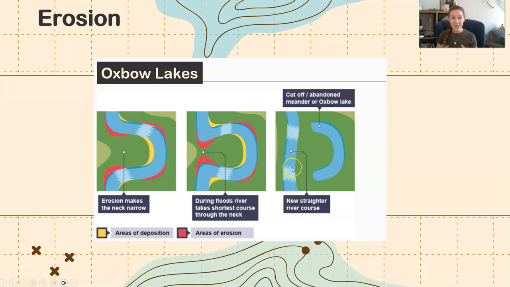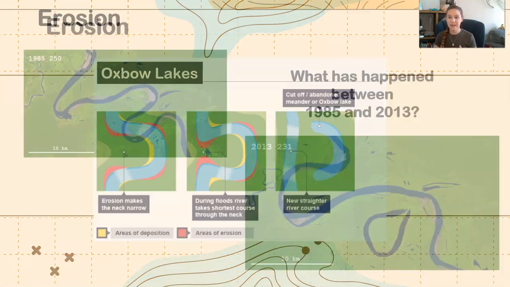Then the sediments that have been broken off and deposited elsewhere are going to settle in between these things. So they'll settle here and they'll settle here. Now, this is what erosion might look like in terms of lakes and rivers, okay?